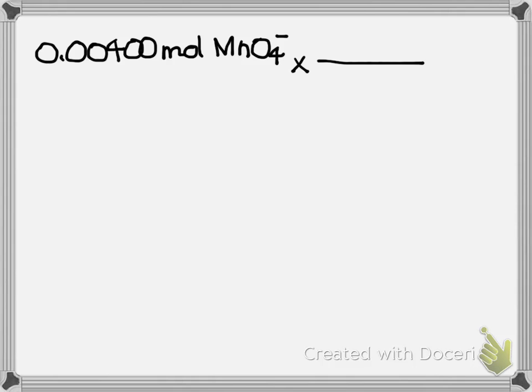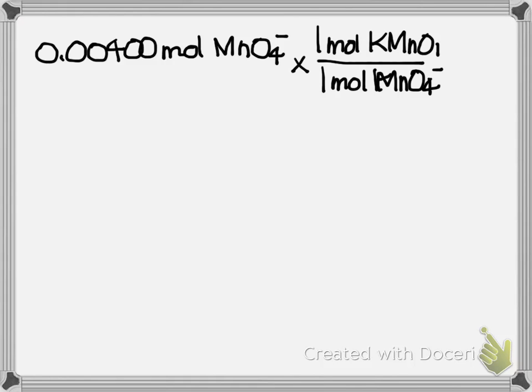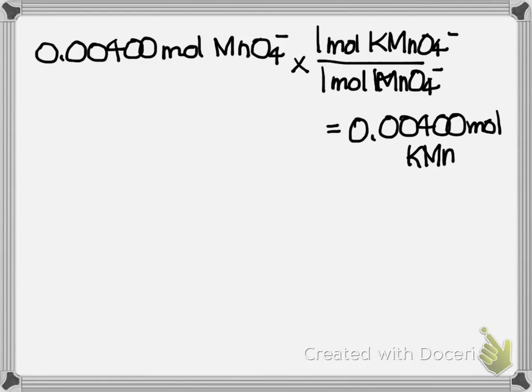But I know that 1 mole of permanganate is in every mole of potassium permanganate. It's a 1-to-1 relationship. So what that means is that I will have 0.00400 moles of potassium permanganate.